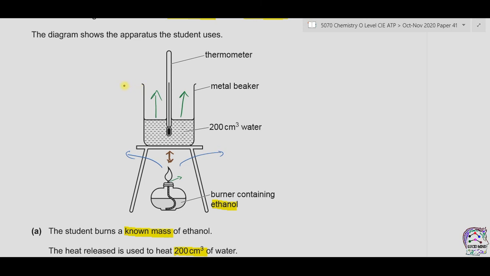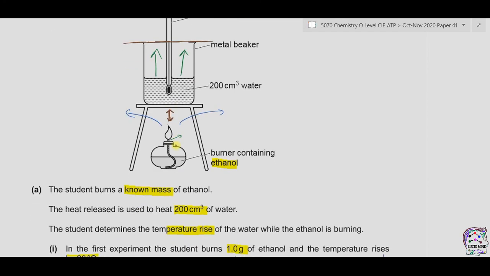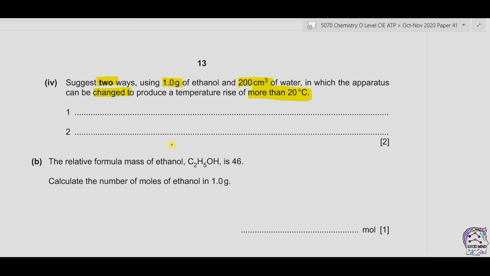So the student should cover this apparatus and reduce the distance between the flame and the container. We can write: use a lid, or close the can. The second point is to reduce the distance between the flame and the metal container.